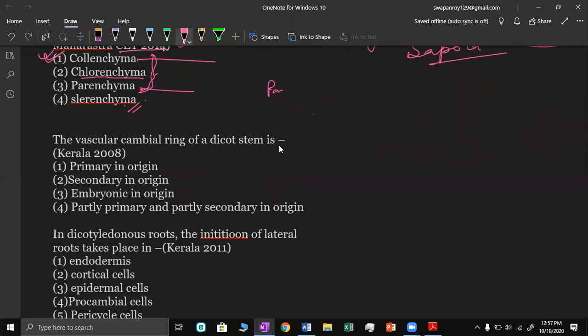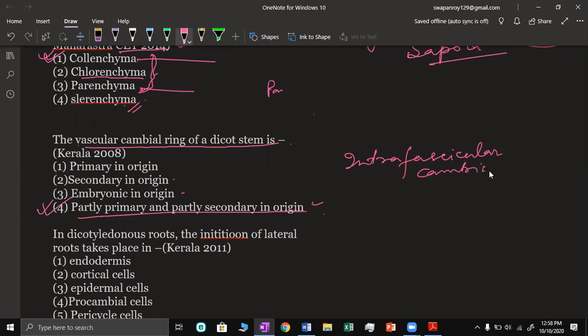The vascular cambial ring of a dicot stem is: primary in origin, secondary in origin, embryonic, or partly primary and partly secondary in origin. The vascular cambium is partly primary, partly secondary. The intrafascicular cambium is primary.